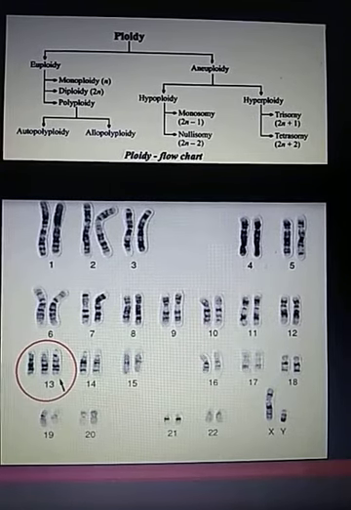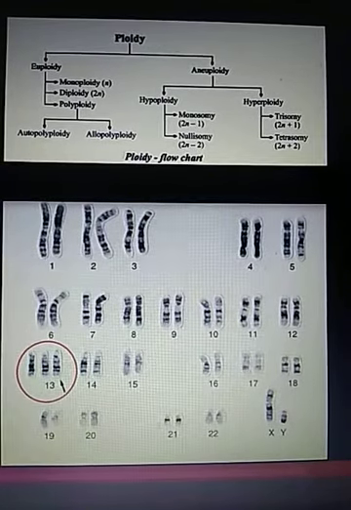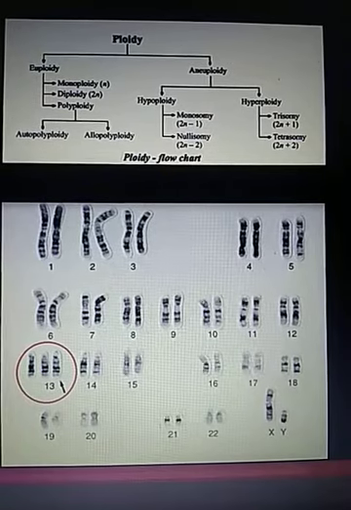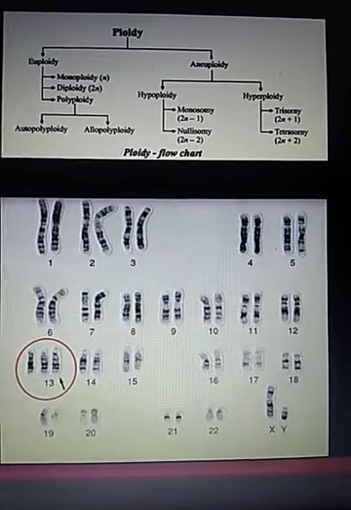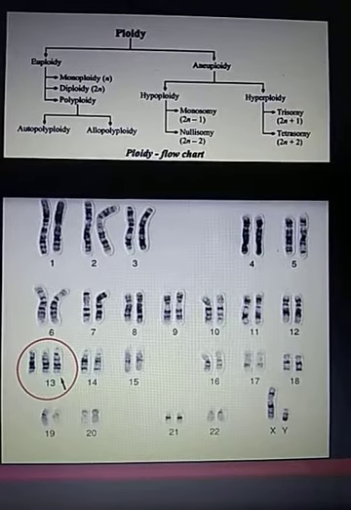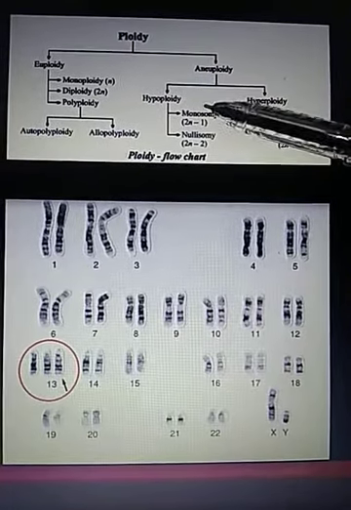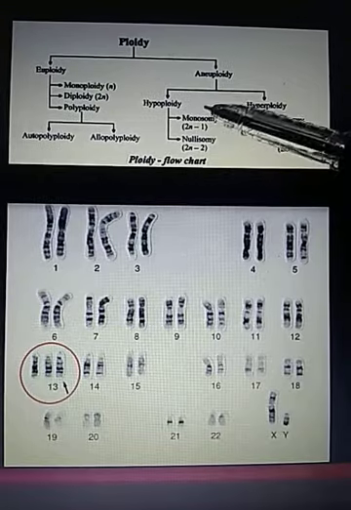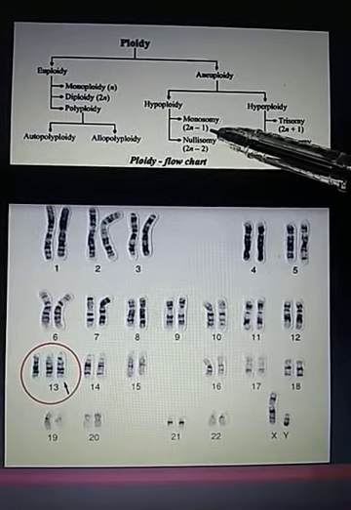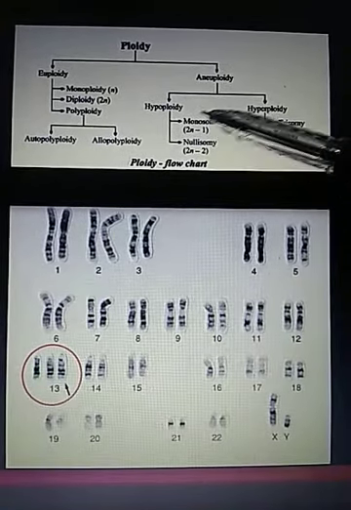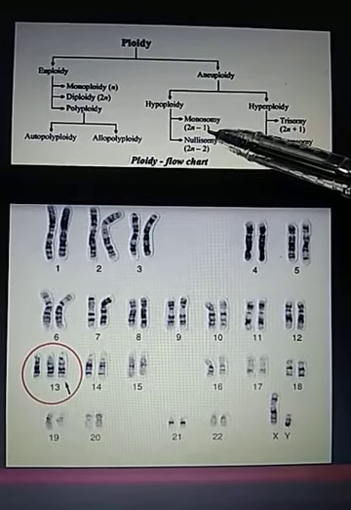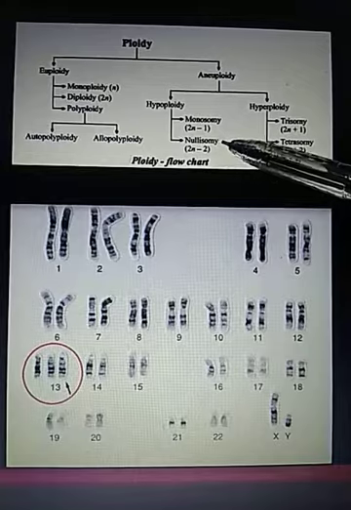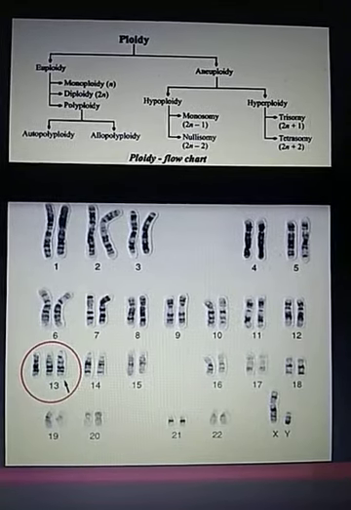Aneuploid nomenclature is based on the number of copies of the specific chromosomes in the aneuploid state. For example, the aneuploid condition 2n-1 is called monosomic. As you can see here, the aneuploid condition where there is deletion of one of the chromosomes is known as monosomy, while if two of the chromosomes are deleted, then it is known as nullisomy.